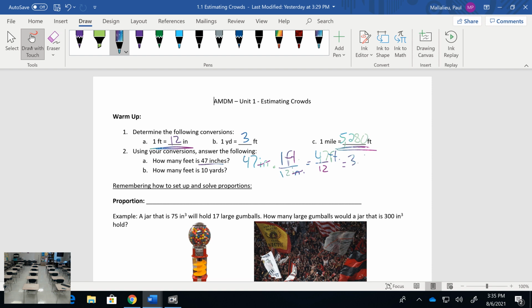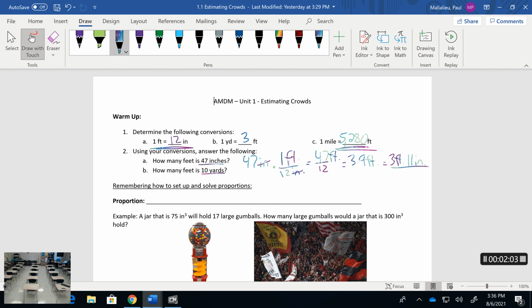Then it ends with 3.9 feet. And to say 0.9 feet is okay, there's no issues there. You can make it a little bit easier to understand by saying 3 feet 11 inches if you prefer, but either way it's going to be totally fine with 3.9 or 3 feet and 11 inches.